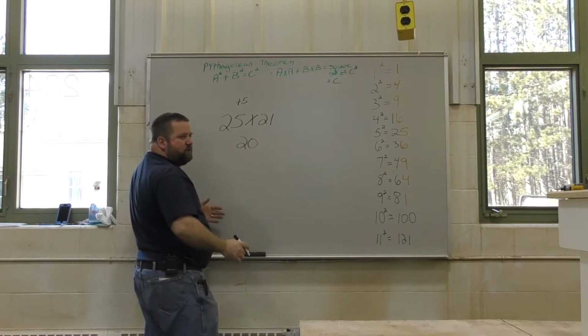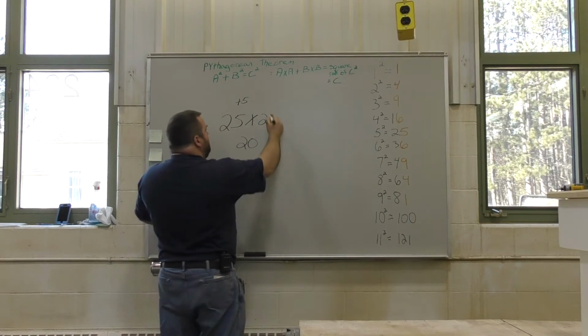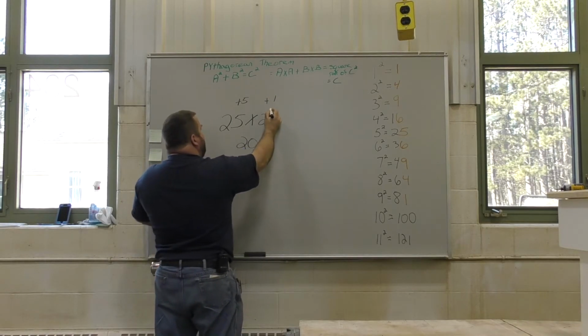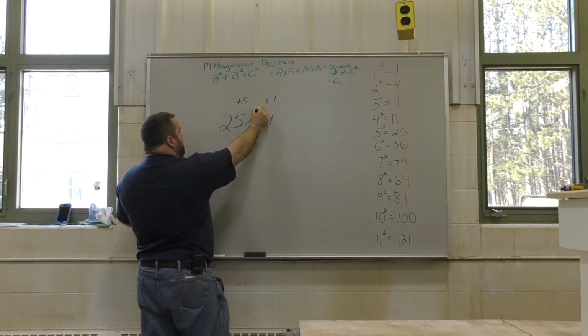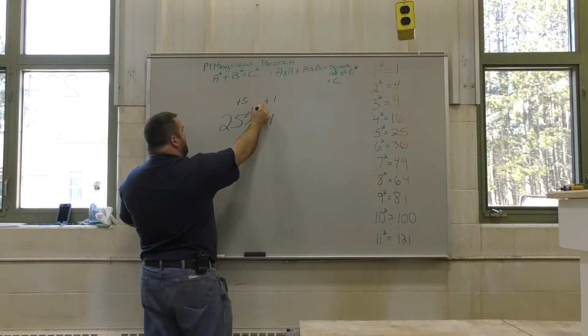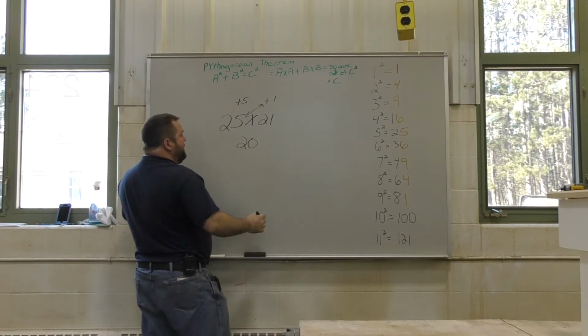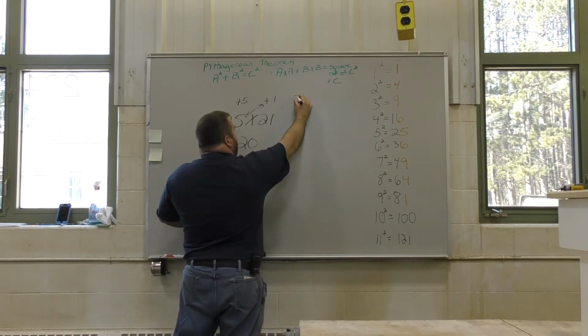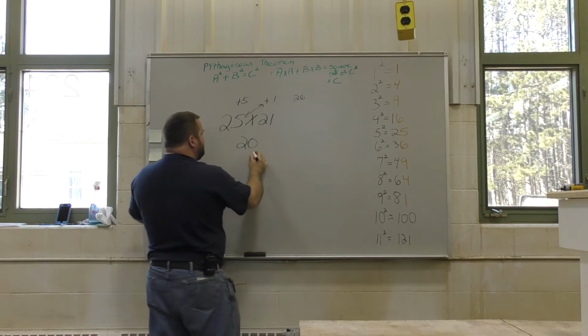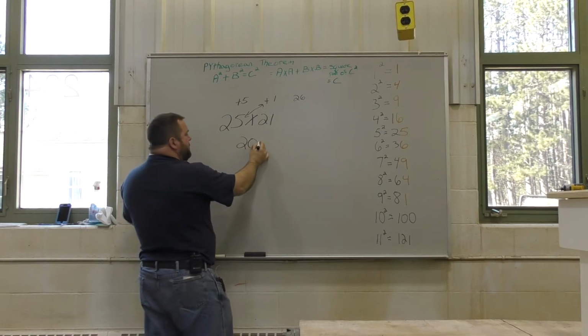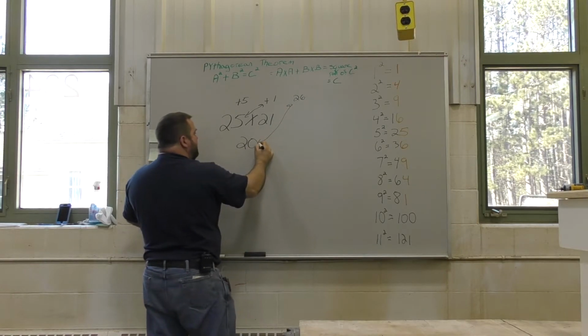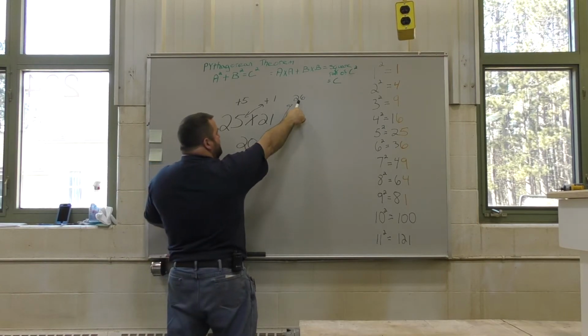21 is how much bigger than 20? It's a 1. I'll put a 1 up here. Again, you're adding diagonally. Doesn't matter which way. We'll add this direction, and we come up with 26. So I'm going to write a 26 up here. And now I'm going to times it by 20, or I'm going to double this number.